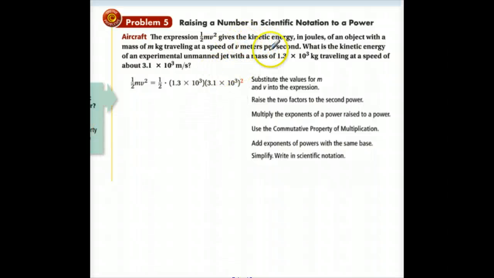This one's talking about kinetic energy, so our answer is going to be in joules. They gave us this formula, half times m times v squared. That is the formula for kinetic energy in joules. So we're going to substitute what we can. 1/2 stays.